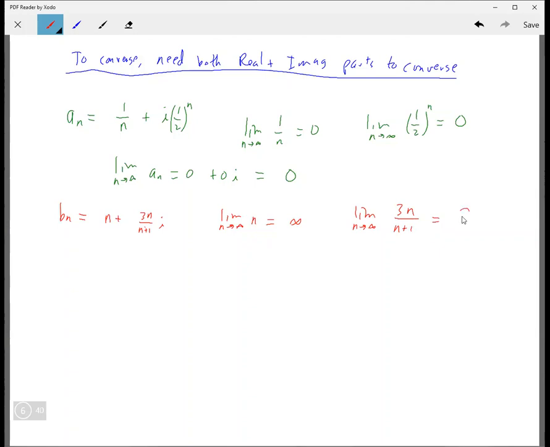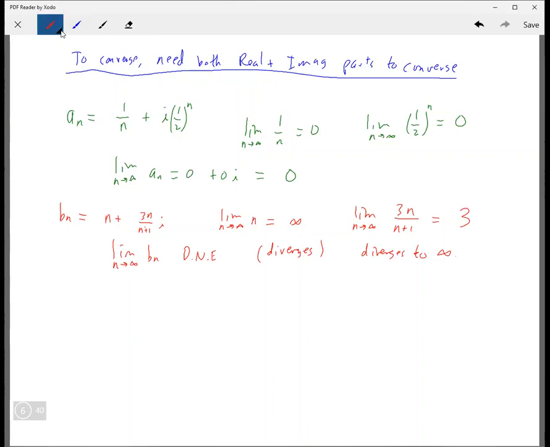Yeah, that's 3. So this one does not exist. Or we could say it diverges, or that it diverges to infinity, whichever way we're feeling in the context, because the real part goes to infinity.